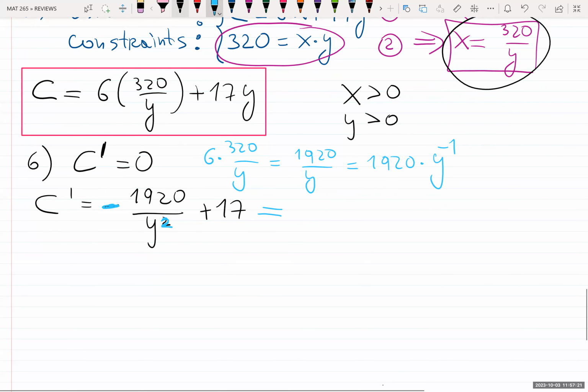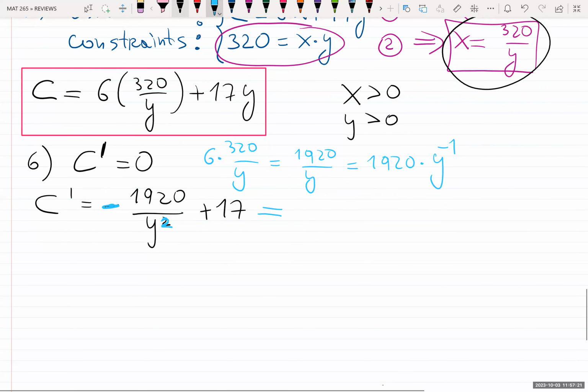I can see it already. Little tablet is overheating. But minus 1920 plus 17y squared equals 0 gives us some kind of point.